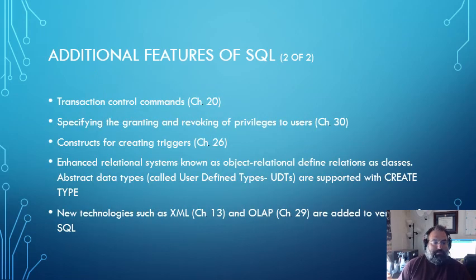There are transactional control commands, commands specifying the granting and revoking of privileges to users, and constructs for creating triggers. Enhanced relational systems, known as object-oriented relational or object relational databases, define relations as classes, abstract data types, and user-defined data types supported with create type. New technologies such as XML and OLAP are added into some versions of SQL.